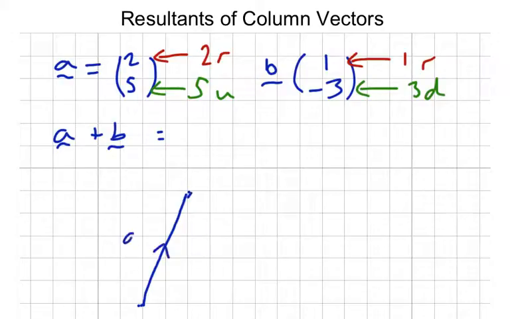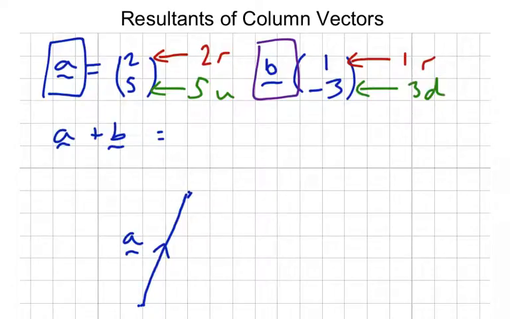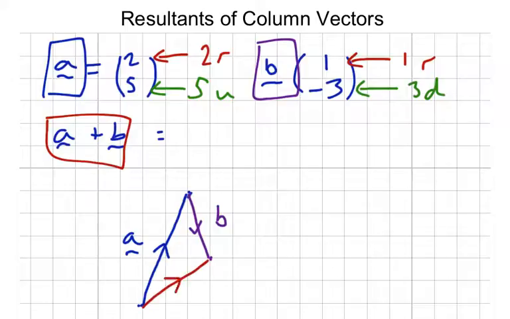So that's A. And then B is starting from the end of A. We then go 1 across and 3 down, so we're going to get to there. So B is like that. And A plus B is going from the very beginning to the very end. That gives us A plus B there.